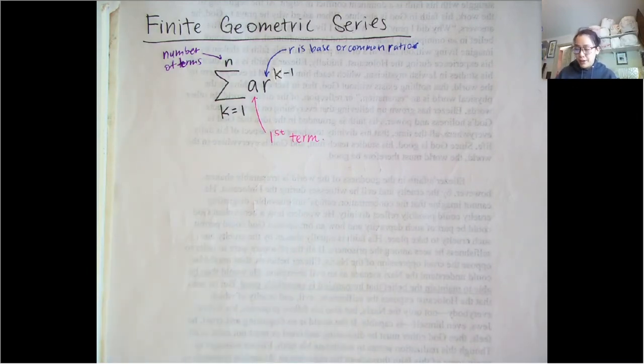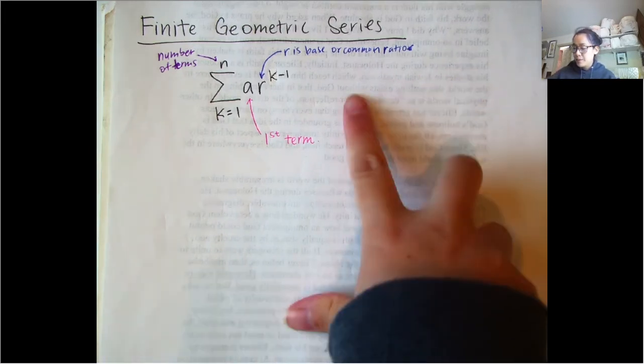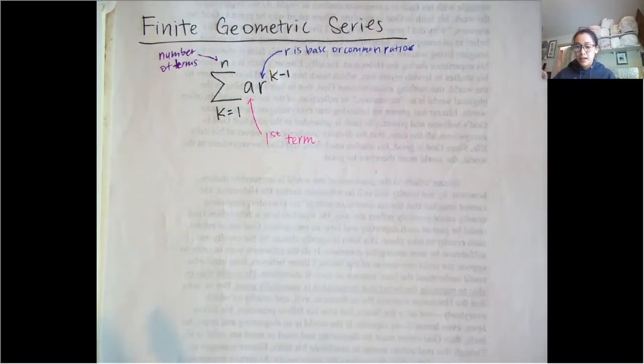Okay, so we're going to do an example, and then we're going to come back up. So leave space over here because we're going to write something there later. Let's do an example of this.